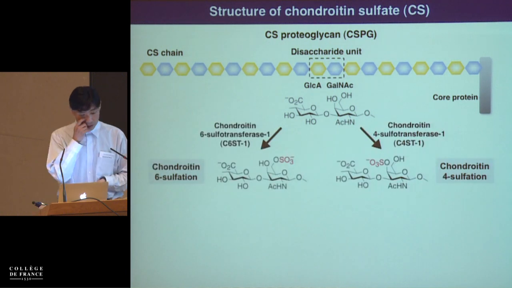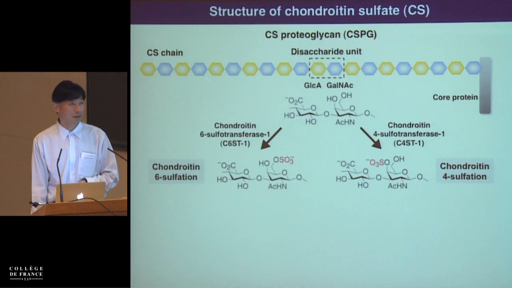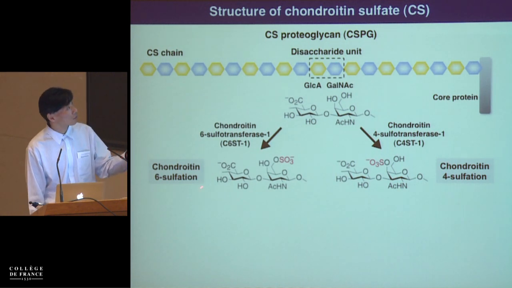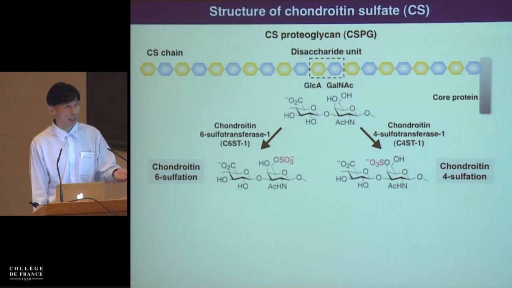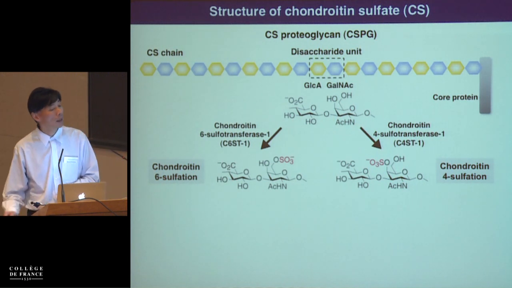During biosynthesis, chondroitin 6-sulfotransferase 1, C6ST1, produces chondroitin 6-sulfation, whereas chondroitin 4-sulfation is formed by chondroitin 4-sulfotransferase 1, C4ST1.